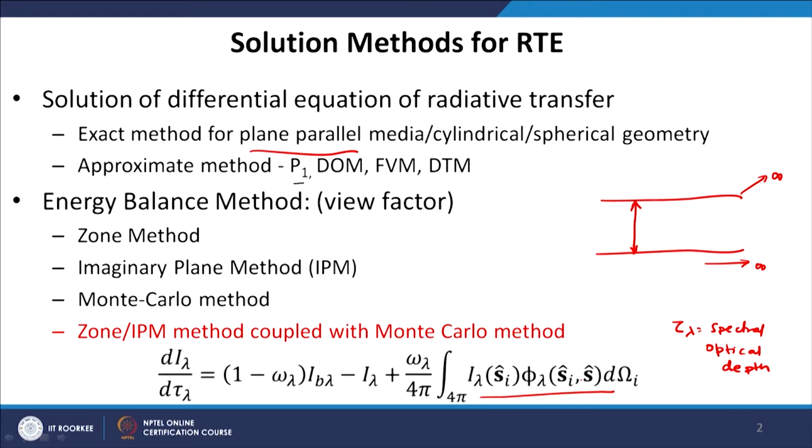On the left hand side we have a differential and the right hand side has an integration. So, we call it an integral differential equation, and it is very difficult to solve.